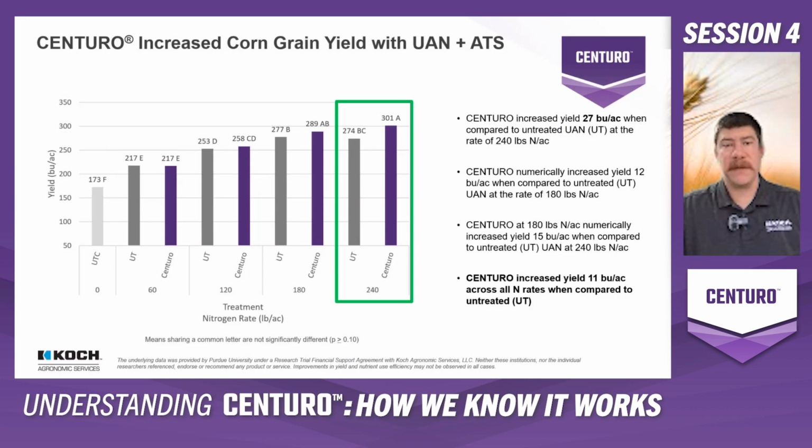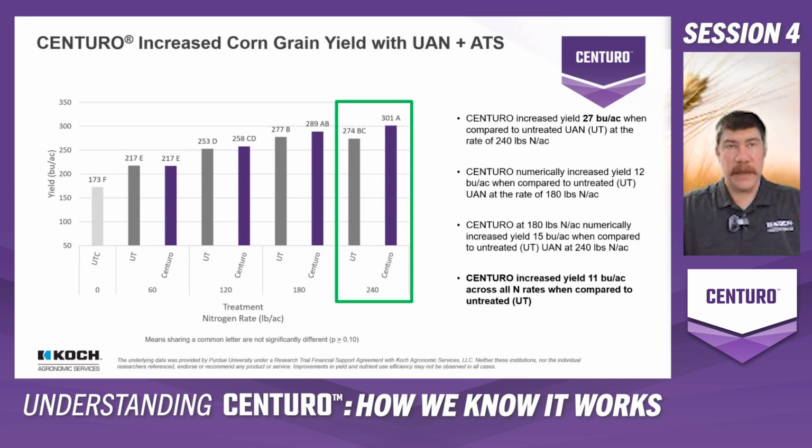This study was done by applying a 28-0-0-5 solution, where that same solution was used across all of these different nitrogen rates. As you see here on the bottom of this table, we go from 60 all the way up to 240 pounds per acre of nitrogen. For those of you that have ever used a blend of UAN and ATS, you know that as you go from 60 to 240, you're also increasing that ATS load per acre.